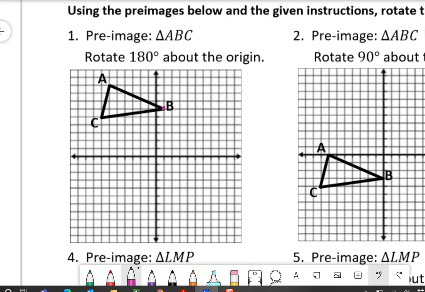oops, I'm going to actually write it upside down. So B here is at -1, and then count down 1, 2, 3, 4, 5, 6. So B is at -1, -6. A here, A prime, is at -6, 7, 8, 9. So I have -9.